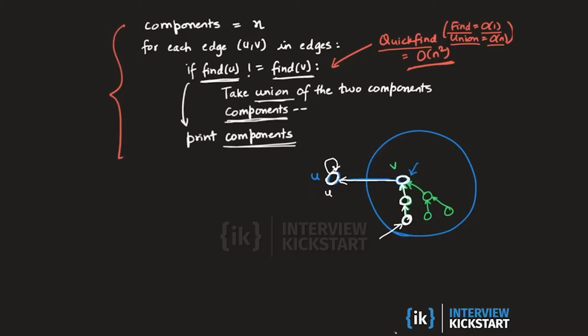Now it's not that the component ID u is going to be stored explicitly with this vertex. Let's say this vertex is x. This doesn't mean that at index x in the component ID we're going to find a u. No, at index x we're actually going to find the value y, where y is the index of this vertex's father.